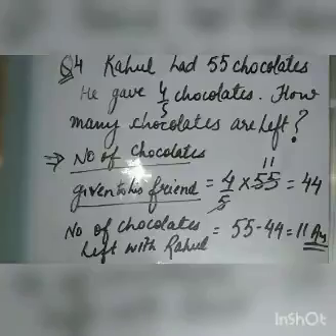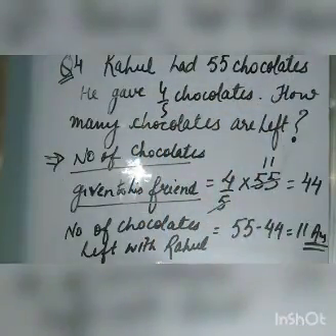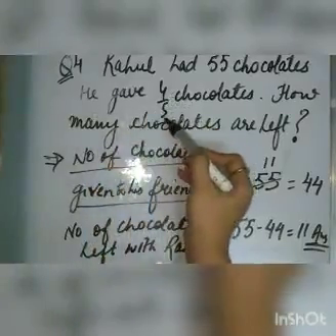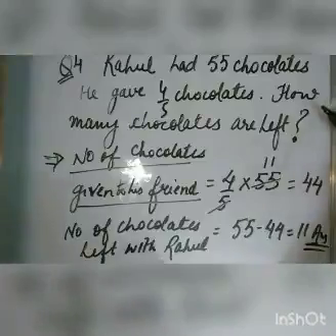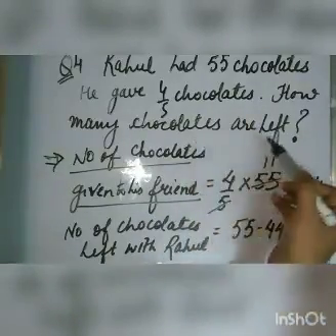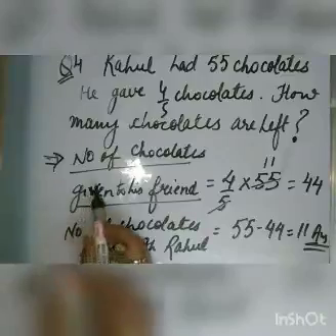Question number 4. Rahul had 55 chocolates. He gave 4 by 5 of the chocolates to his friends. How many chocolates are left with Rahul? Let's start.